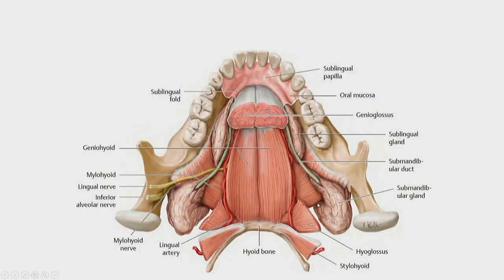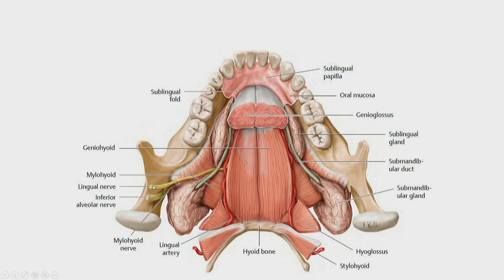You can see here that the submandibular gland makes a hook and goes over this free margin of the mylohyoid, and from there it sends the submandibular duct, which opens at the sublingual caruncle.